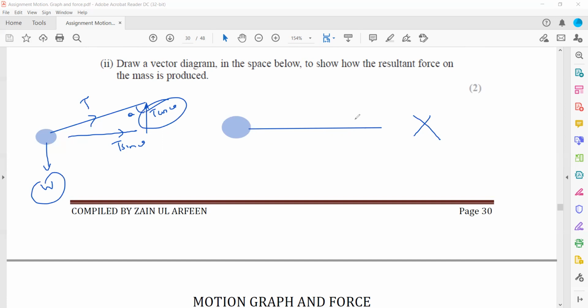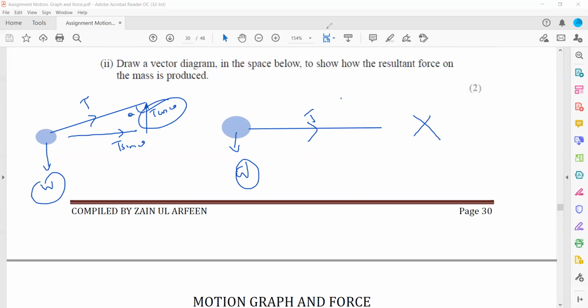If the string is exactly horizontal, then the weight cannot be balanced, because there is always a vertical force, the weight. There must be a vertical force from the string so that it can balance the weight. If the string is exactly horizontal, there will be no component of the tension to balance the weight. That's why it could never happen.